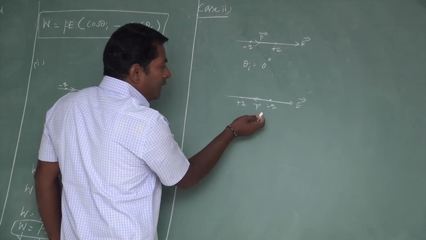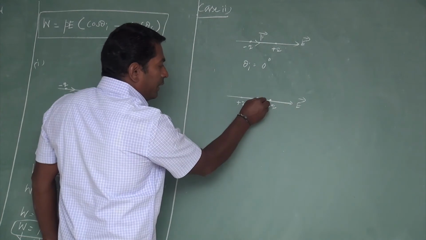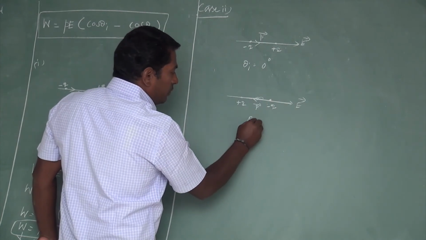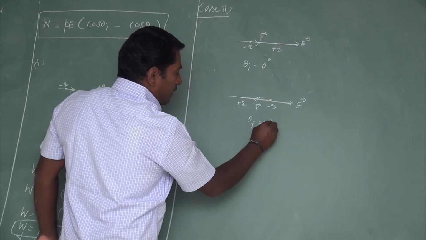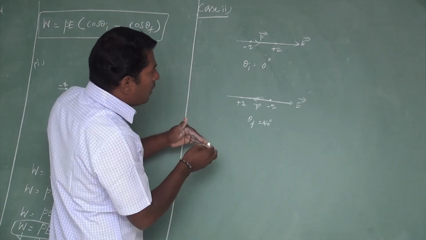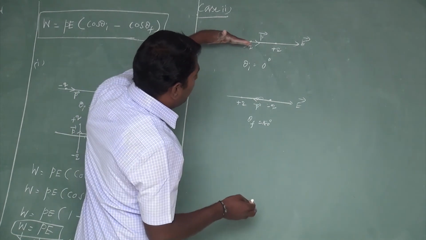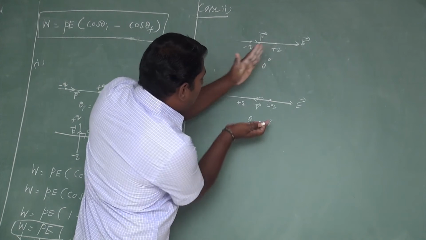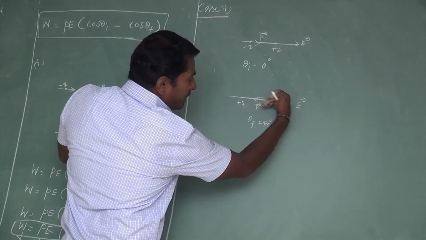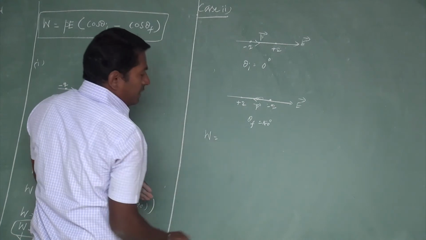Final angle between direction of electric dipole moment and the direction of electric field, theta is equal to 180 degree. Our aim is to determine how to calculate the amount of work done to rotating electric dipole from axis parallel to axis anti-parallel.